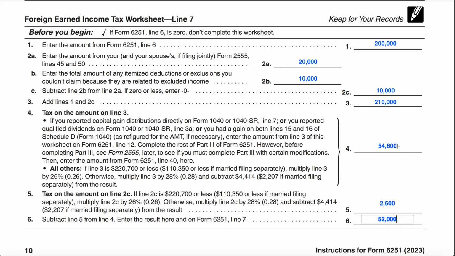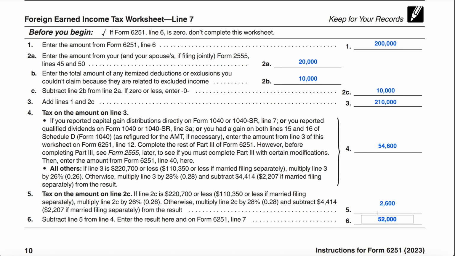Now we're going to calculate the tax on the amount excluded up here, $10,000. So because line 2C is also less than $220,700, we simply multiply by 26%, and we arrive at $2,600. We'll subtract the difference, and we arrive at an even $52,000. This is the item that you would enter on line 7 of your Form 6251.